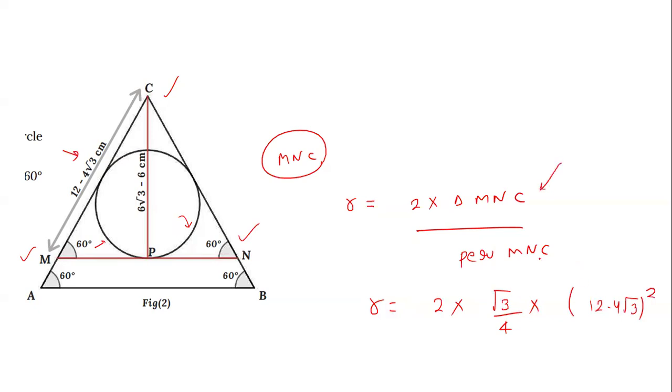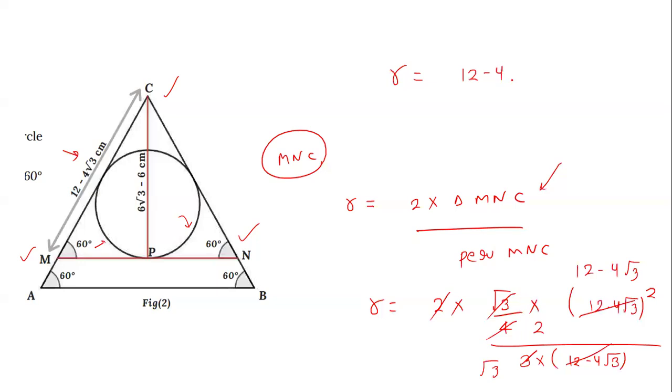The perimeter is 3 times the one side value, 3a. So you can cancel this, it is 12 minus 4 root 3. You can also cancel this 2. This is root 3. So r will come like 12 minus 4 root 3 divided by 2 root 3. So you can see that r value from here is 2 root 3 minus 2. So this is our final answer.